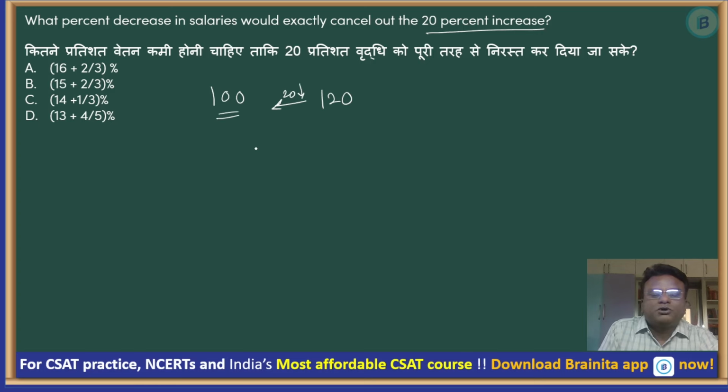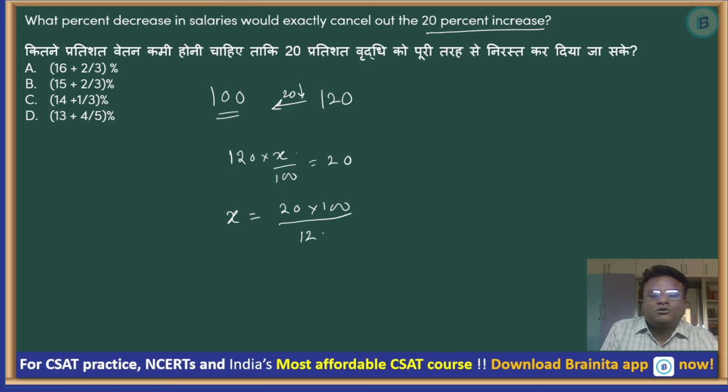So 20 is what percent of 120, right? So 120 x percent is equal to 20.